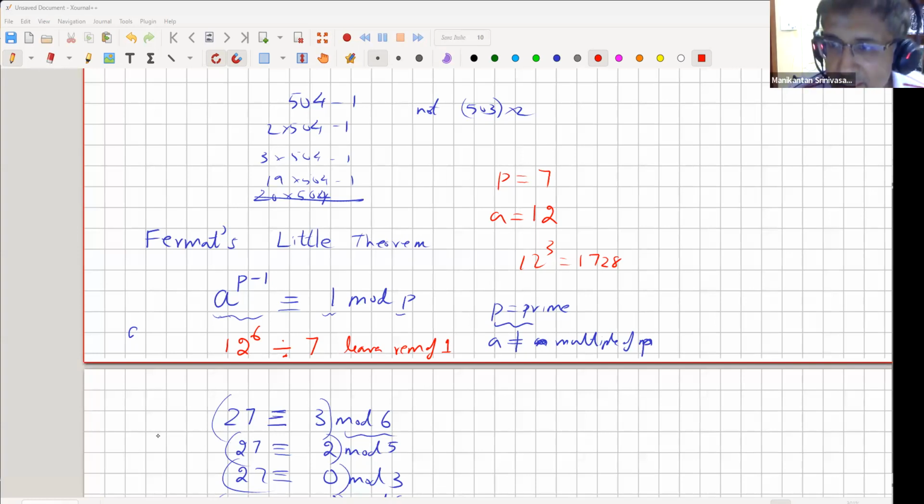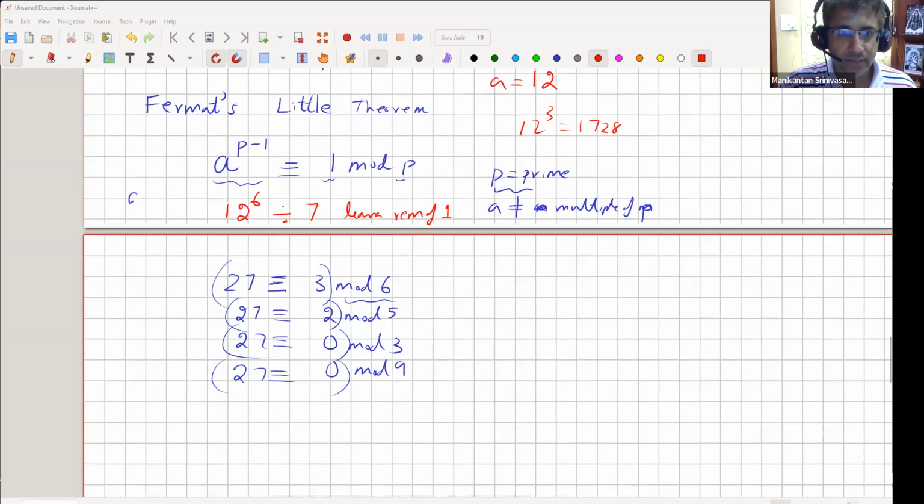Did someone check that 12 to the power 6 divided by 7 leaves the remainder of 1? Yes, sir. It works out. Now this is very useful in finding remainders.